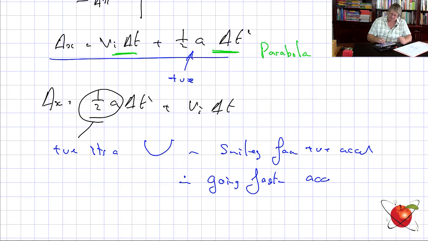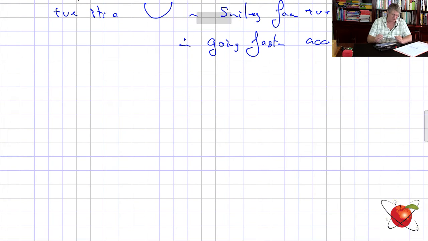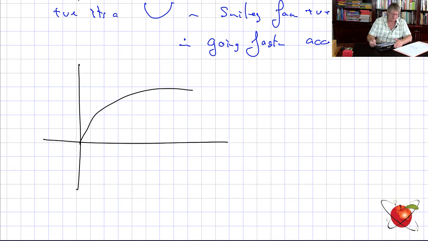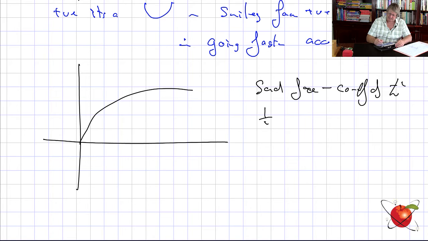Then similarly, there is a graph that looks like this as well. All right? This is a sad face, which means my coefficient of t squared, which is a half a, is negative.